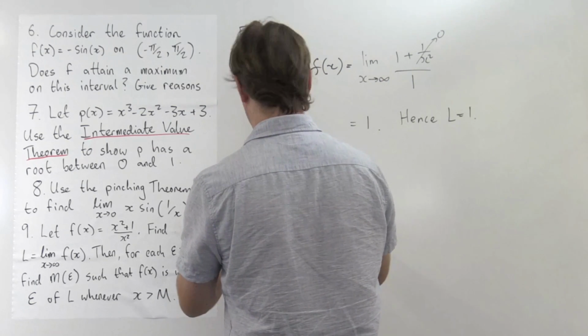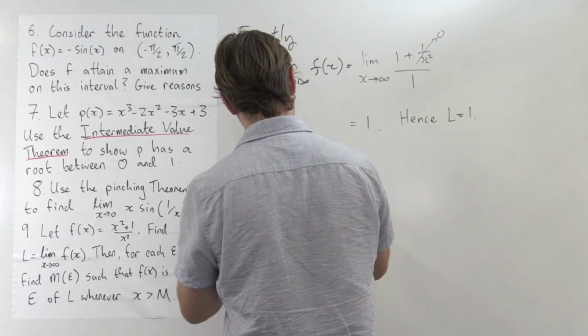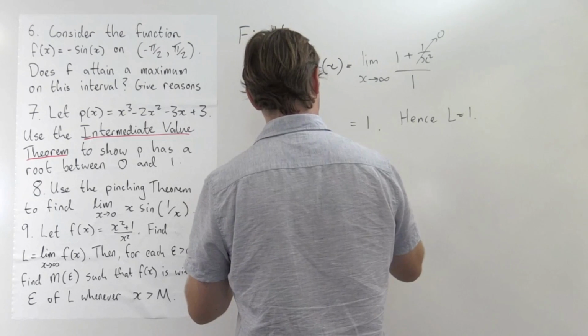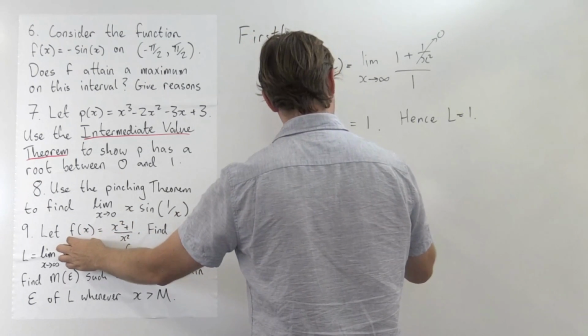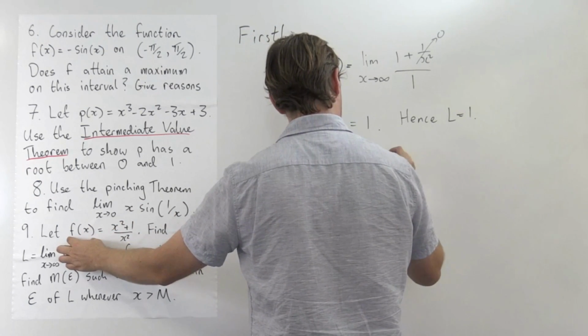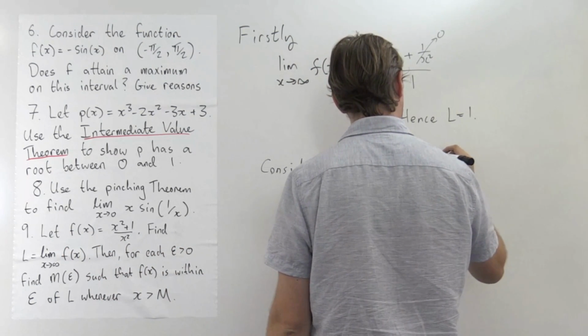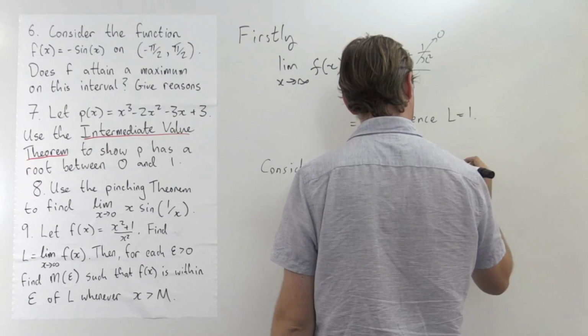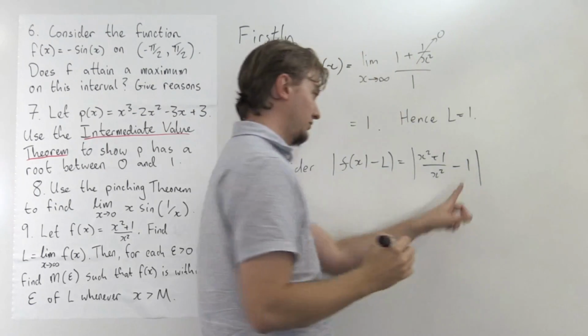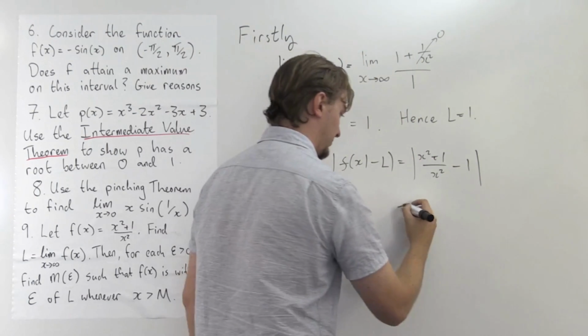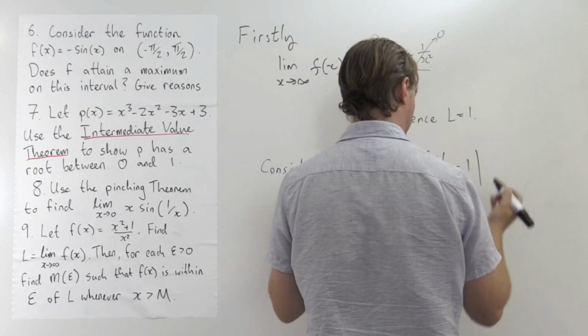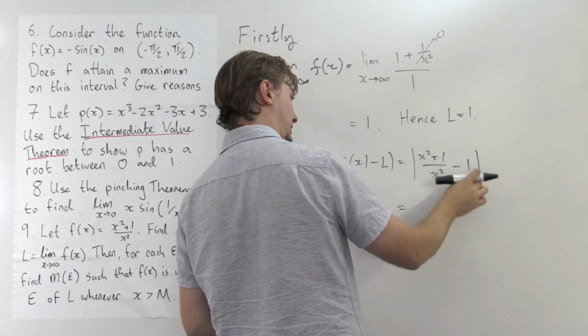So, well, I need to consider the absolute value of f of x minus L. In this case, we know it is the absolute value of x squared plus 1 over x squared, L was 1, so minus 1. That, well, we can bring this all together, make this x squared on x squared.